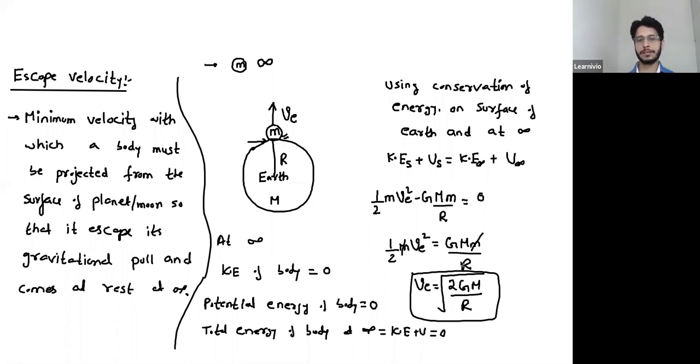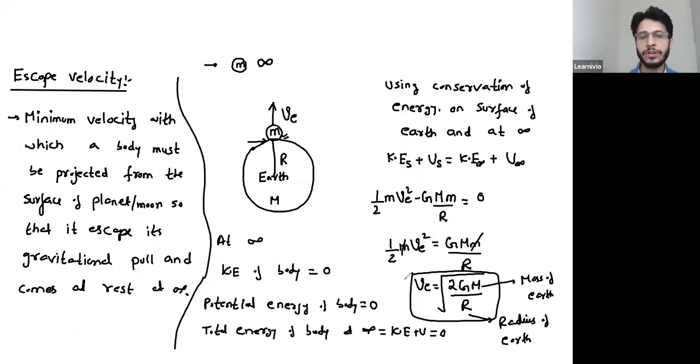If you look at this relation carefully, you will notice that this escape velocity depends only on the mass of the planet. If you are projecting from Earth, then this is the mass of Earth. Capital R is the radius of the planet from which you are projecting.